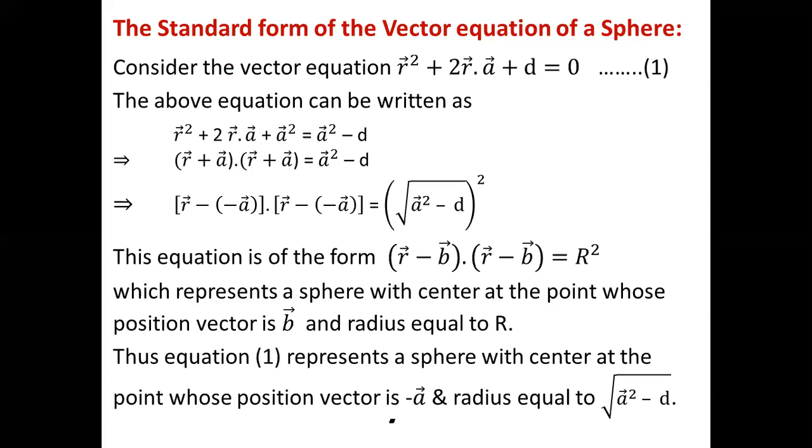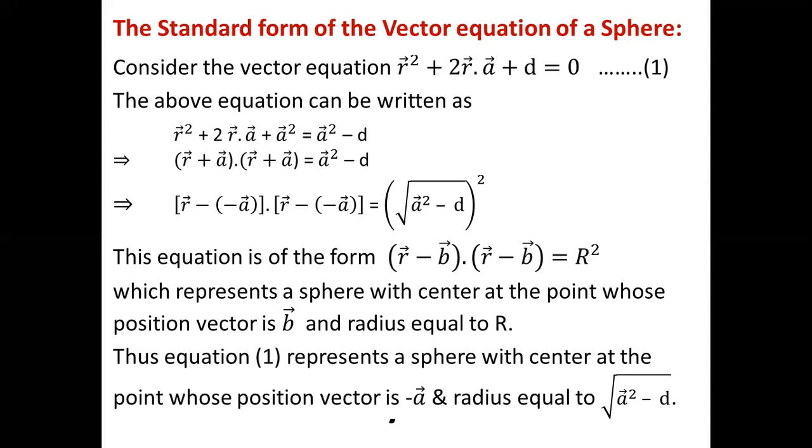That means we are adding a² on both sides of equation 1. So the LHS is in the form of a² + 2ab + b², which can be written as (r + a)·(r + a). The RHS will remain as it is, a² − d.